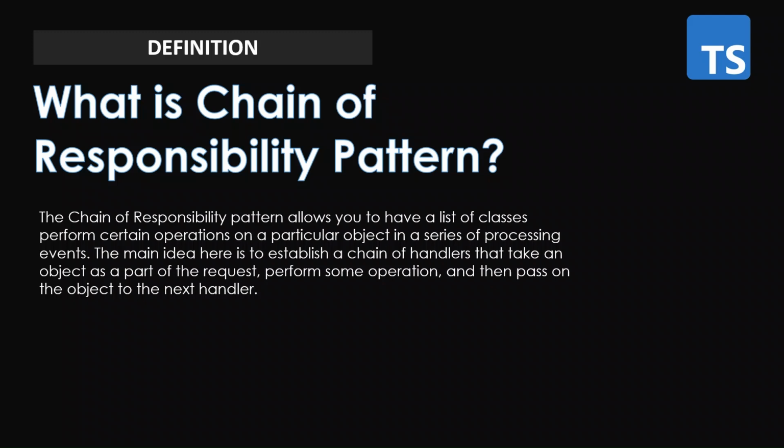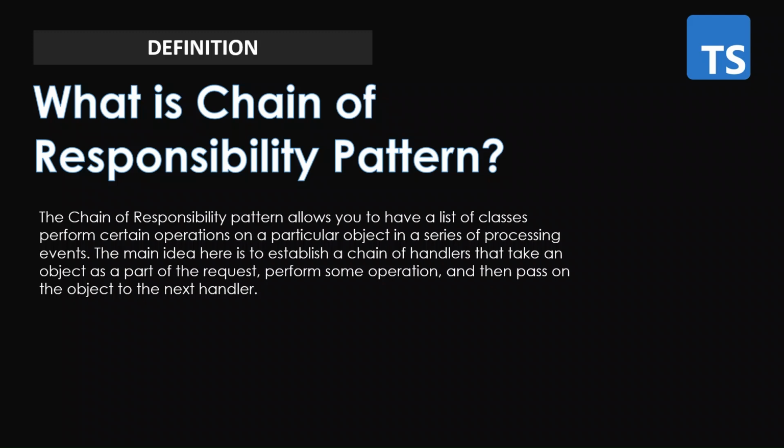So the main idea here is to establish a chain of handlers that take an object as a part of the request, perform some operation, and then pass on the object to the next handler. Exactly. So when you pass one parameter and you do one operation on that, that same parameter is passed to another handler which is chained to the previous one. That is how this pattern works.